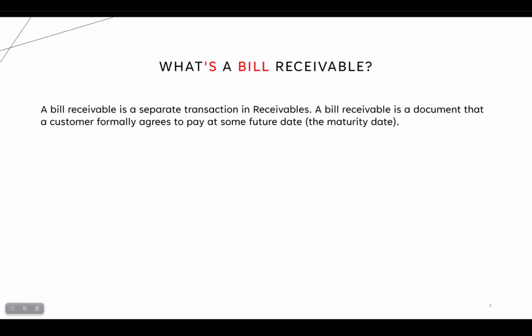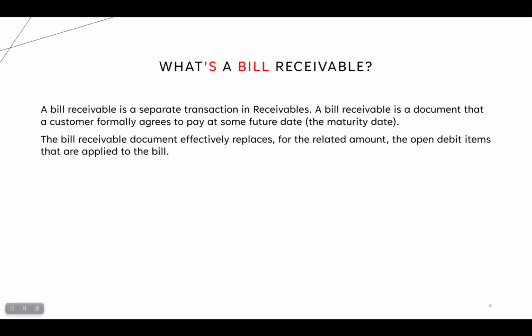You will receive a receipt or whatever, but in this case, it's a bill receivable transaction whose maturity date will be in the future, not in the current date or the current period. A bill receivable document effectively replaces, for the related amount, the open debit items that are applied to the bill.